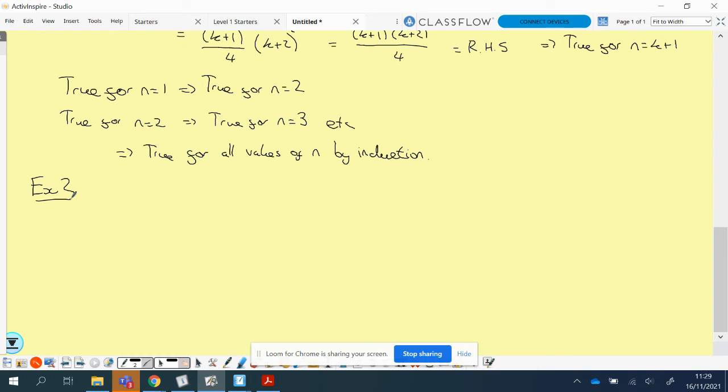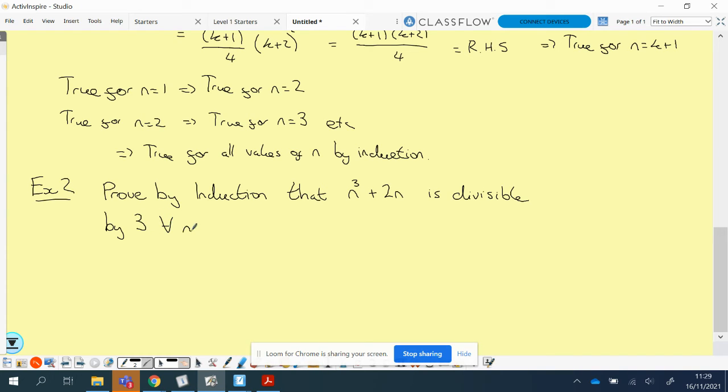Example 2: prove by induction that n cubed plus 2n is divisible by 3 for all values of n greater than or equal to 1, and n is in the set of natural numbers.